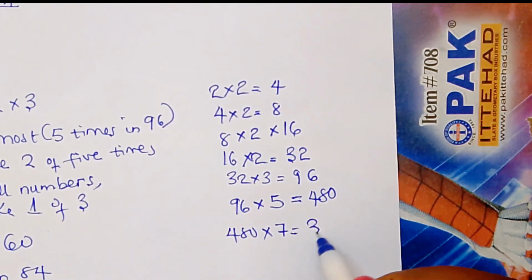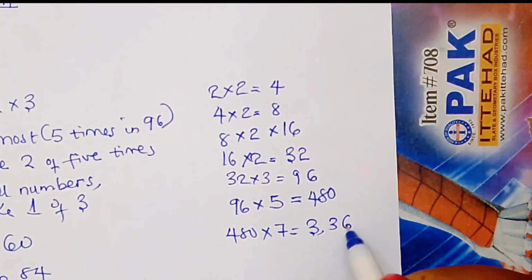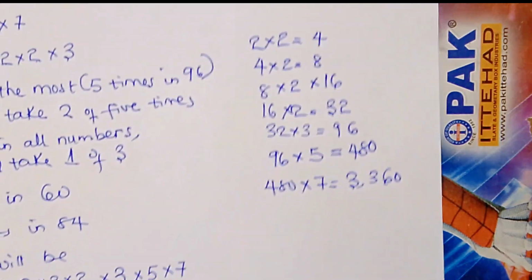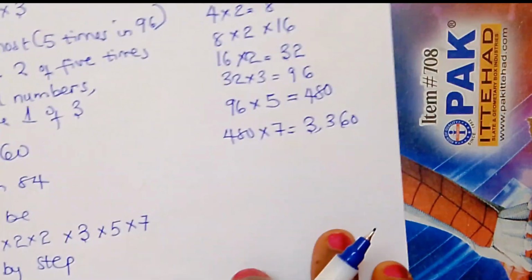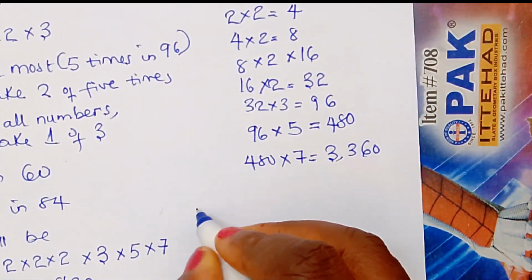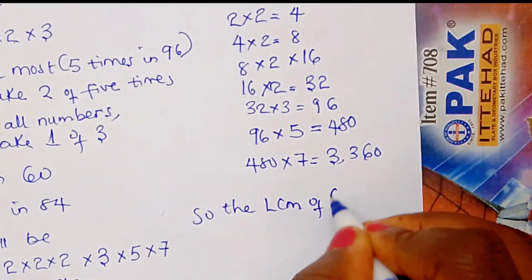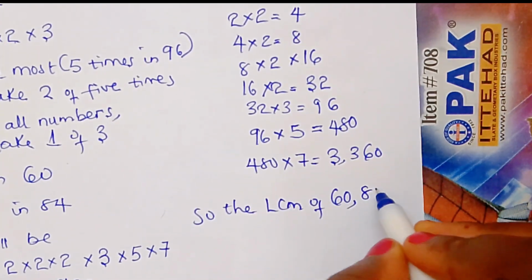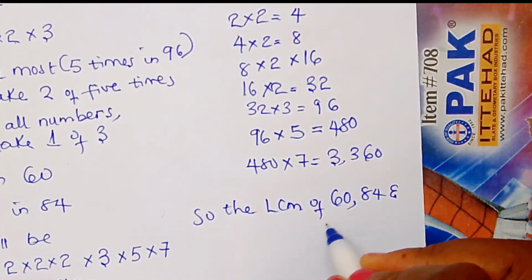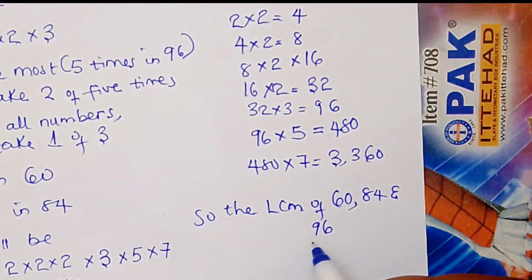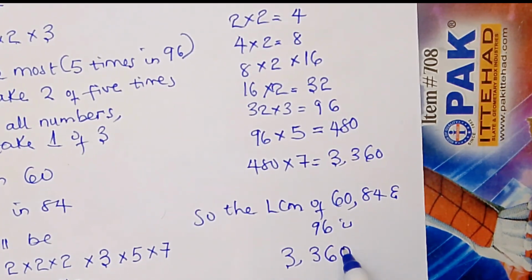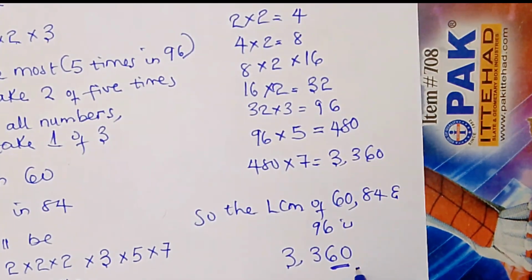And that's going to give us 3,360. So the LCM of 60, 84, and 96 is 3,360. So that's our answer. Thank you.